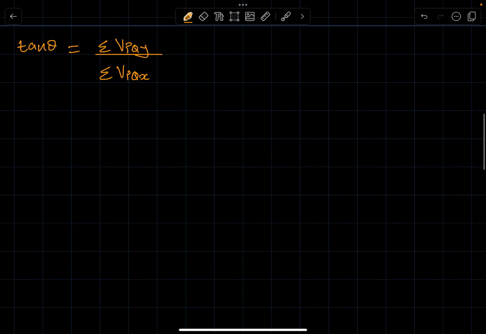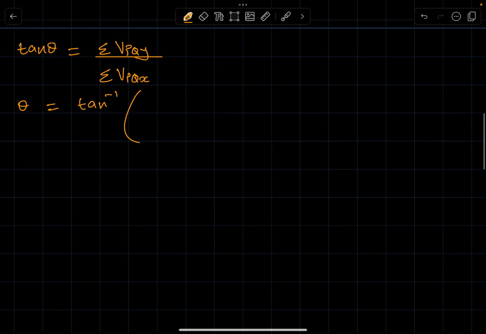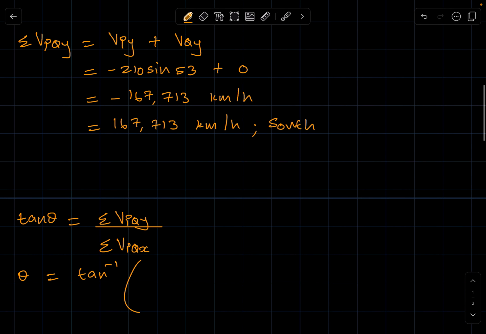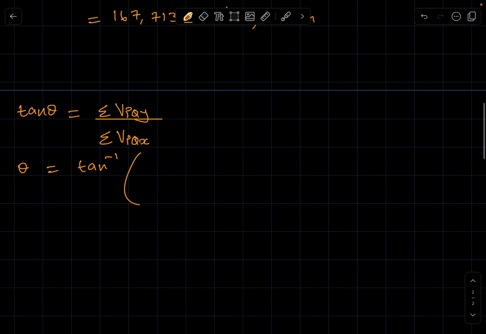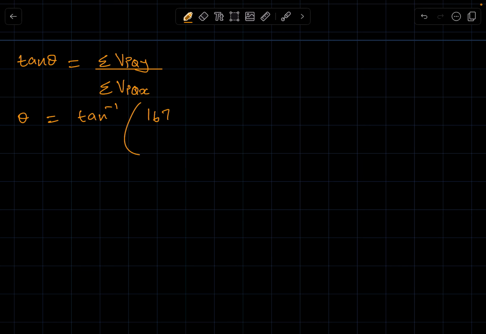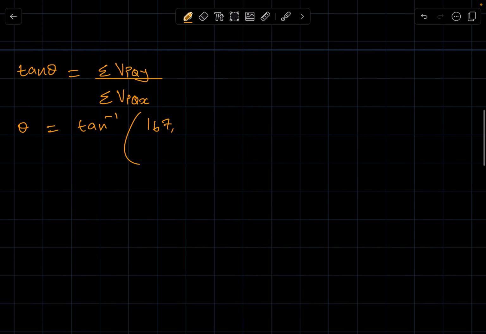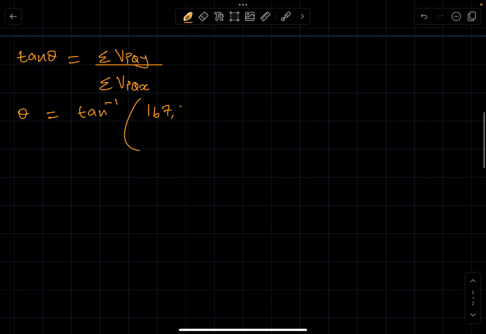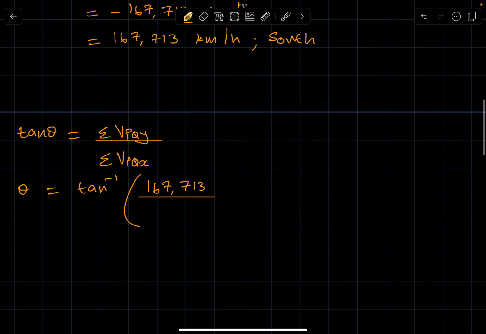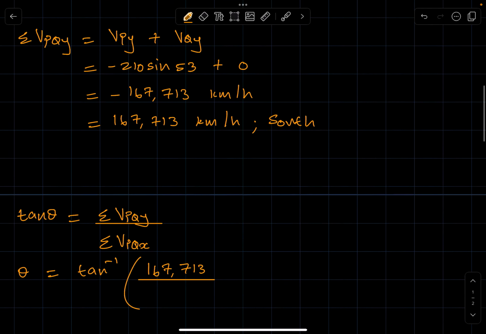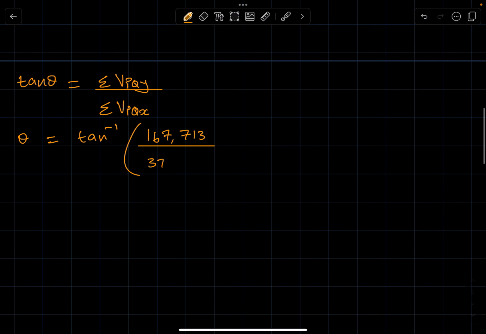So to get the angle, we calculate the arctan of the sum of VPQ in the y direction, which is 167,713, divided by VPQ in the x direction, which we got as 376,381.